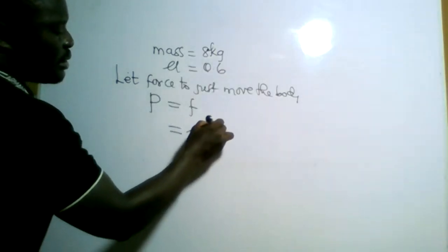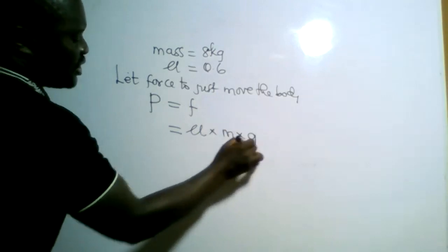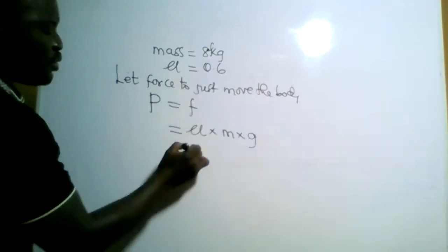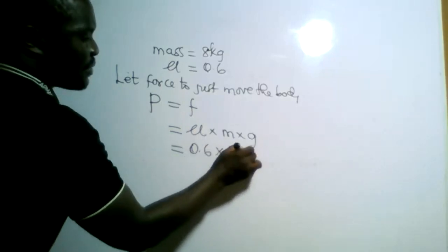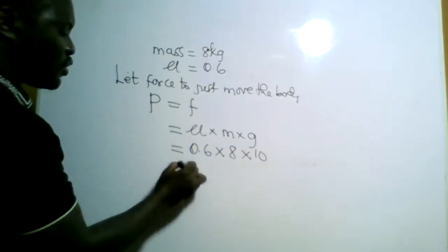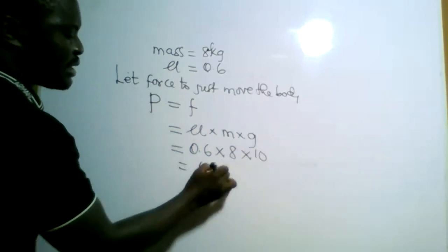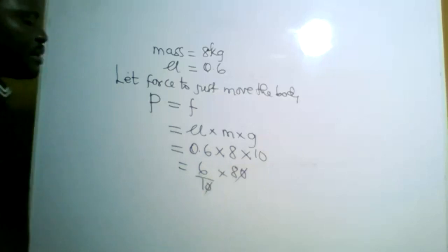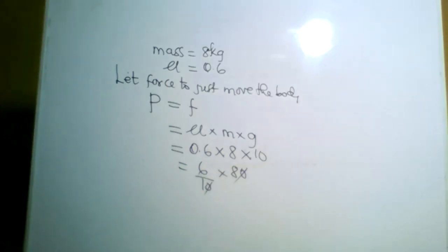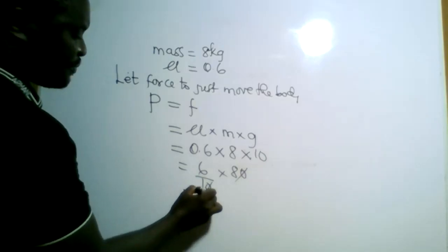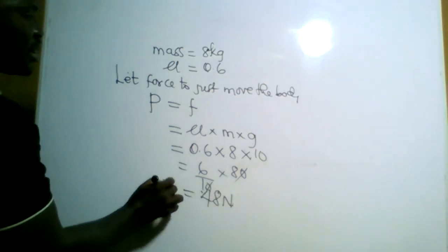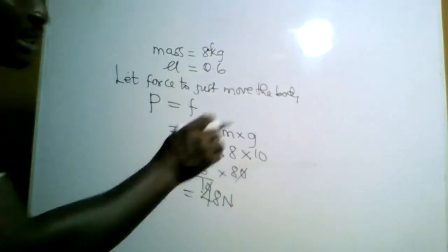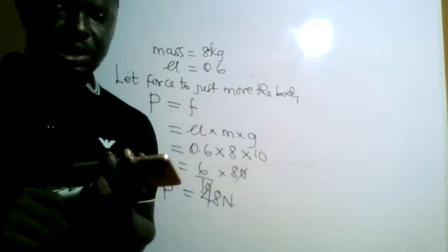So mu times M times G. What is mu? 0.6. What is mass? 8, times 10. So you have 0.6 times 80, which is 48 Newton. So the force which will just move the body is equal to 48 Newton.